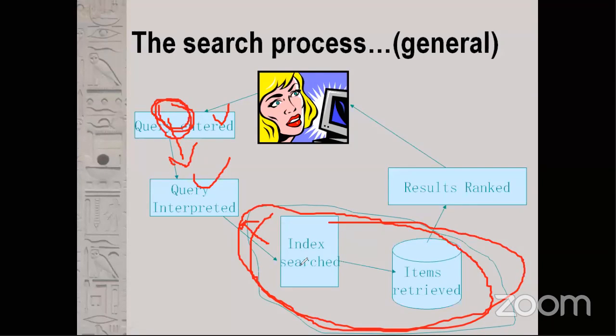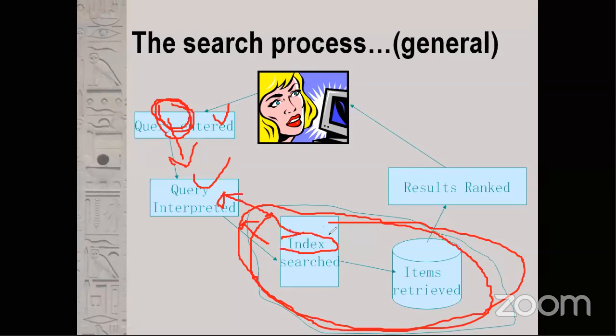Now these index words are compared with my query terms. Suppose my query is information retrieval system. In this, the words we have are information, retrieval, system. Similarly, in the index database we also have some words.